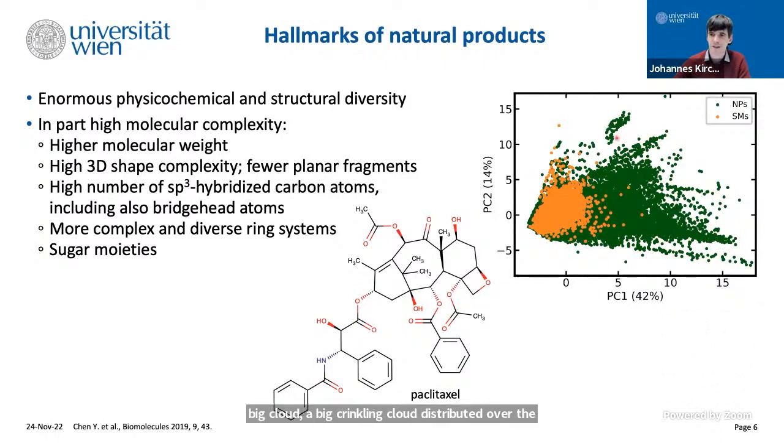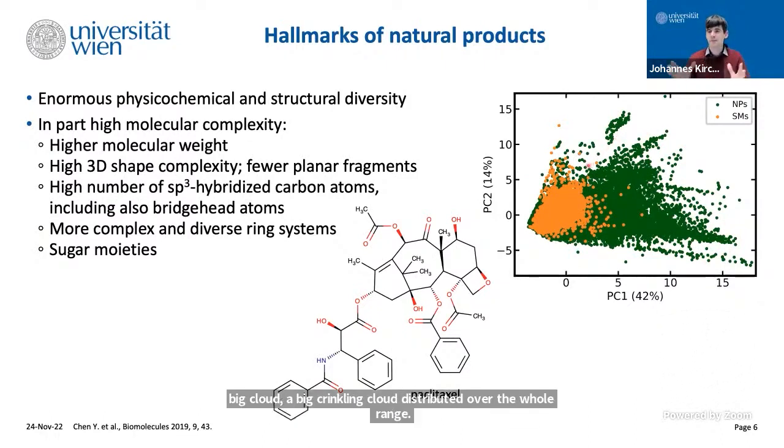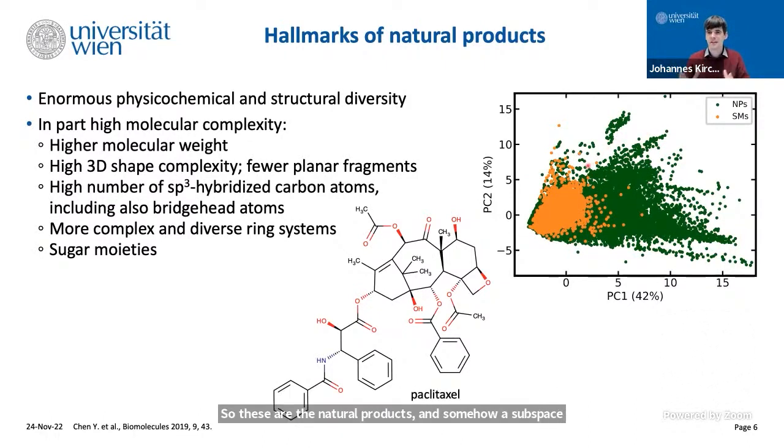So these are the natural products, and somehow a subspace thereof are synthetic molecules. And these synthetic molecules in this particular case represent the ZINC database. So you see at first sight, we have molecules in natural product space that are much more diverse than we generally have in the synthetic molecule space.